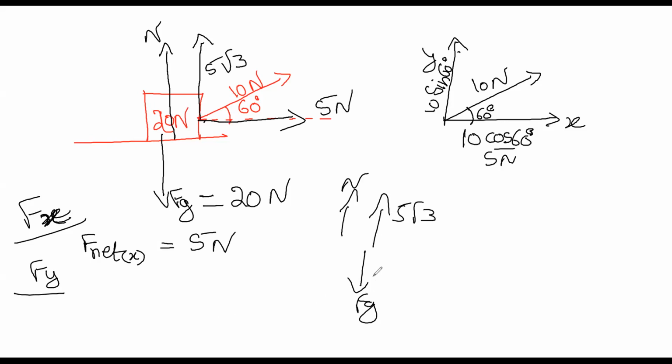And the body is in equilibrium. Means it is not moving in y direction, equilibrium in the sense. Then what I told, all the opposite forces are equal. Means force due to gravitation is equal to normal force plus 5√3. So here we have to find what is the normal force. Here normal force is not equal to 20 Newton because there is an external force applying on this.